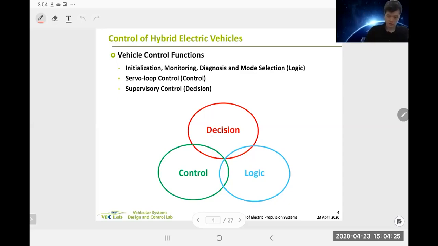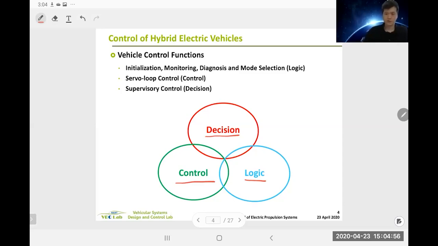Sometimes we call it decision, sometimes logic, sometimes control. And when you say control, usually it refers to automatic control, the feedback control kind of thing, control theory, right? And that's not everything.